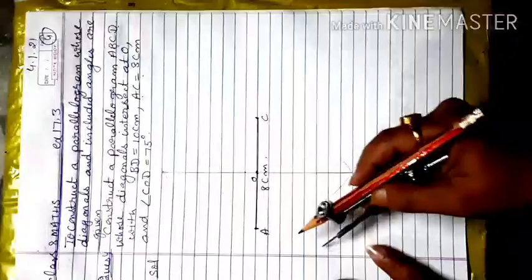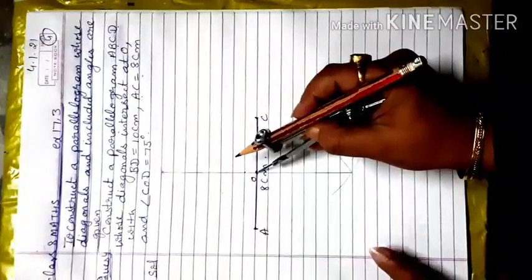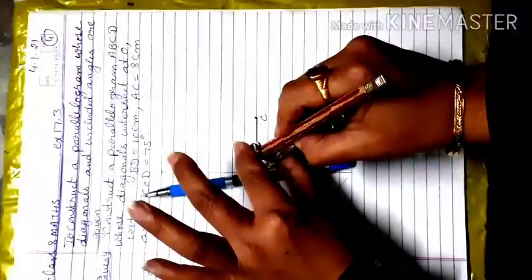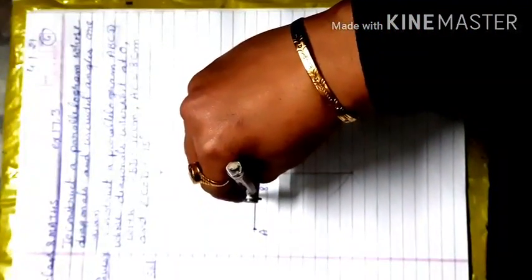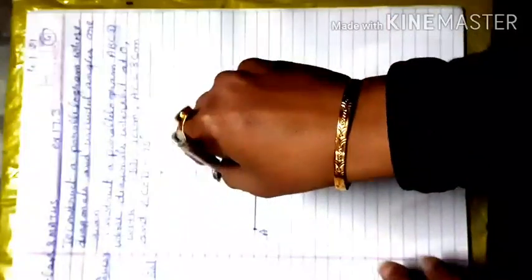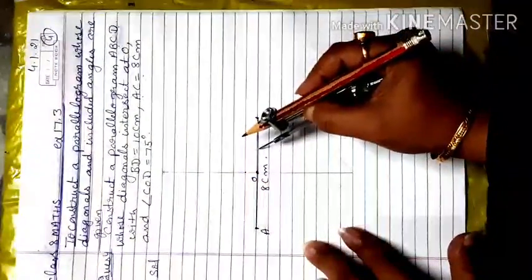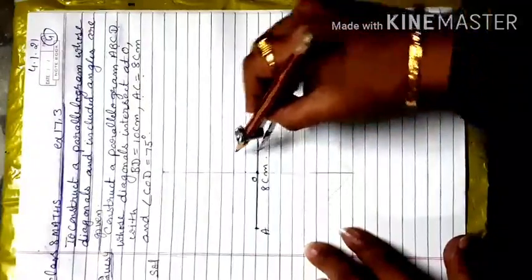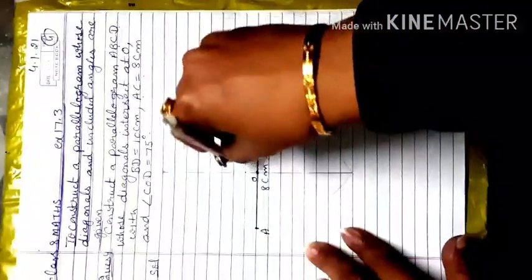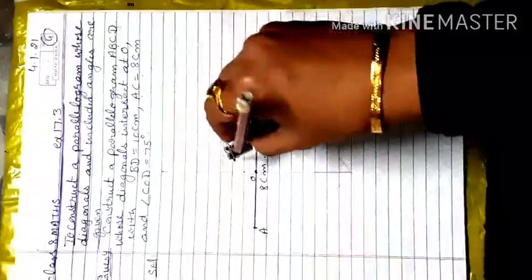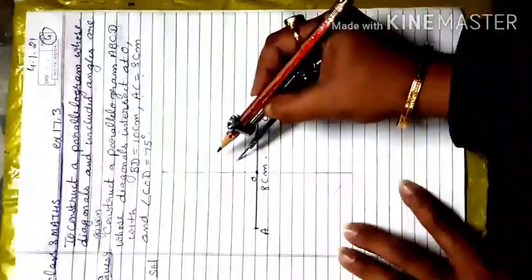For 75 degree I need the 90 degree angle, because if you subtract 15 degree from 90 degree, that will give you 75 degree. We consider O as the center of the circle and draw a semicircle here. I have to draw the angle from this side, because we always draw from the anti-clockwise side; anti-clockwise angle is positive and clockwise angle is negative.